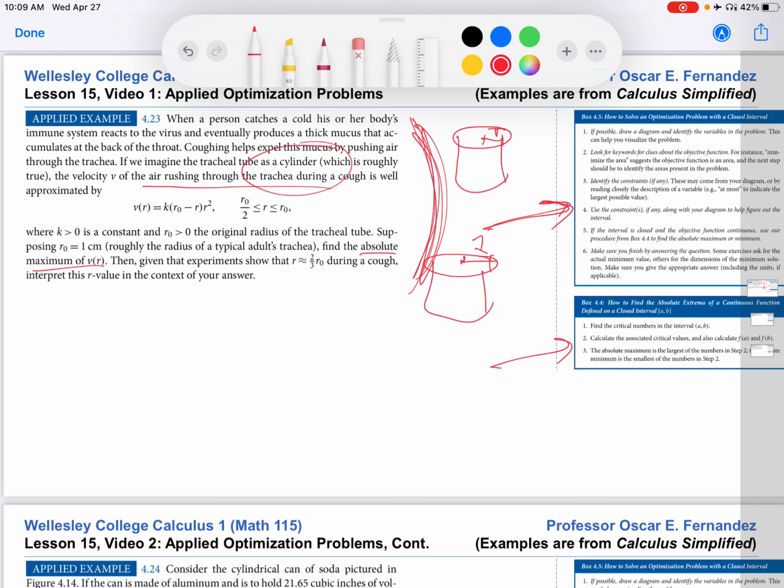And then as you cough, this is going to contract, right? So even just drawing silly pictures and not very precise pictures like this can help you make sense of the problem. That's not something that I put as a step in these boxes. Step 0, make sense of the problem. But it helps, and it really helps to make sense of the problem at some point, hopefully initially.